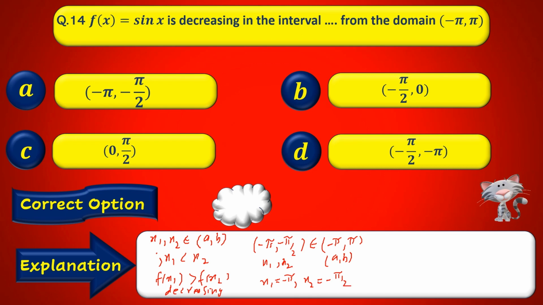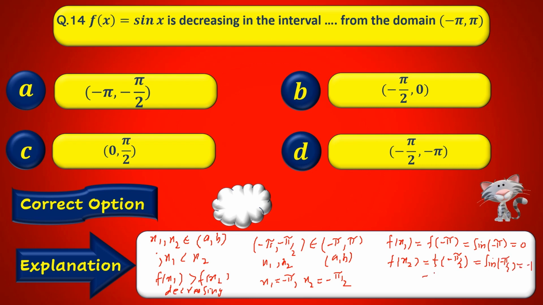Now we find out the values of the functions at minus pi and minus pi by 2. f of x1 will be equal to f of minus pi, and that will be equal to sine of minus pi, which is 0. f of x2, where x2 is minus pi by 2, sine of minus pi by 2, and that is equal to minus 1.